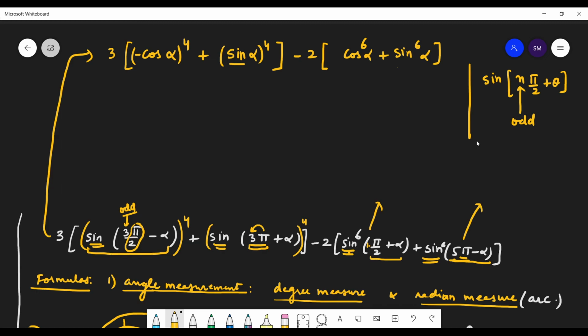Done, students? Yes. So this will be equal to this into a square plus b square. So a plus b whole square minus 2ab, right?